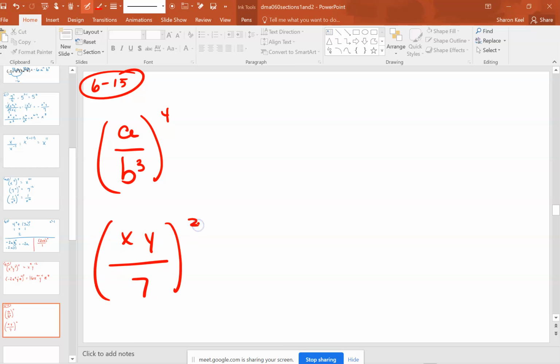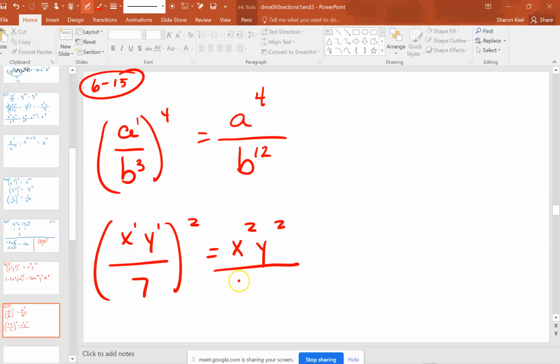Okay, so let's look at these. A, there's no exponent here, so 1 times 4 is 4. For the B, 3 times 4 is going to give us 12. For this one, these both have exponents of 1. So my x is squared, my y is squared, and when I do 7 squared, it's going to give me 49.